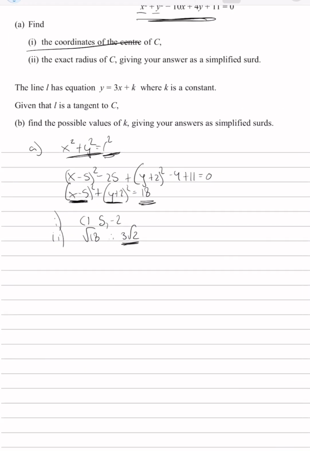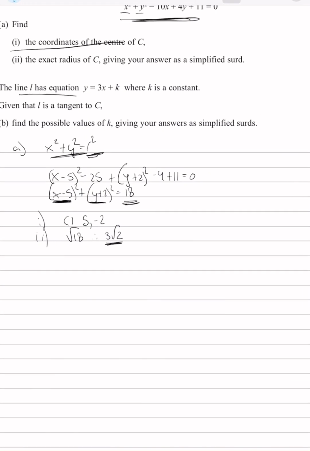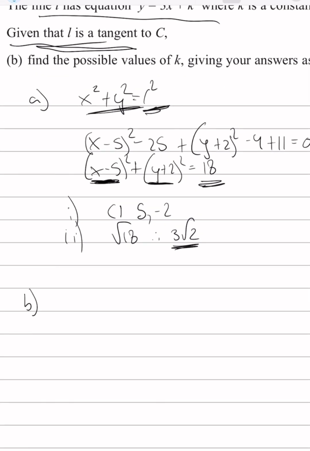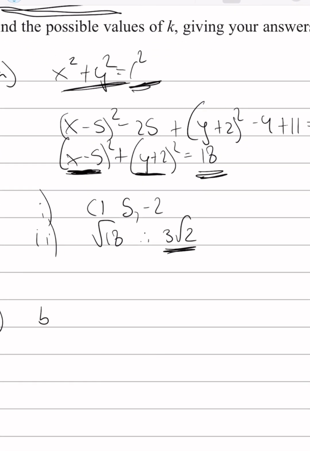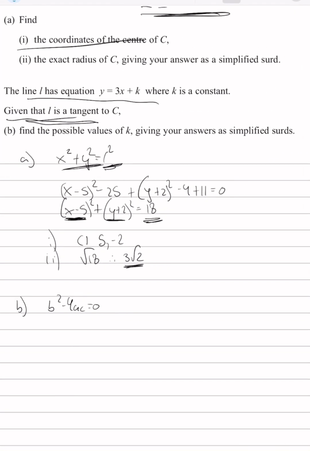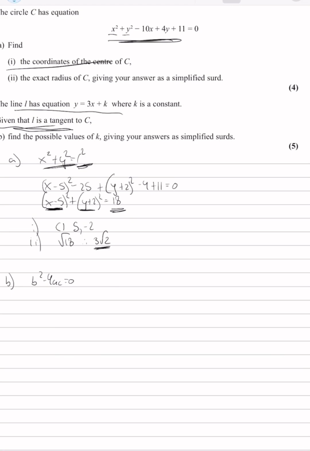For part B, it says that this line only touches it once. It's a tangent. That means it's only touched once. Therefore, it would suggest that the discriminant of the solution of the two equations will be this, as it's a tangent, so it's only touching once. So there's one root.